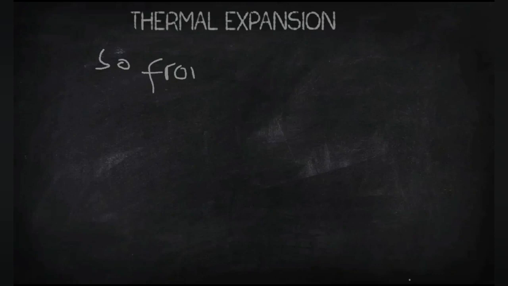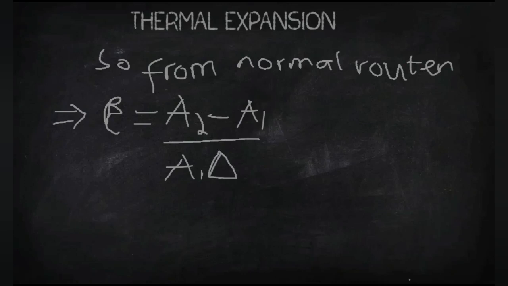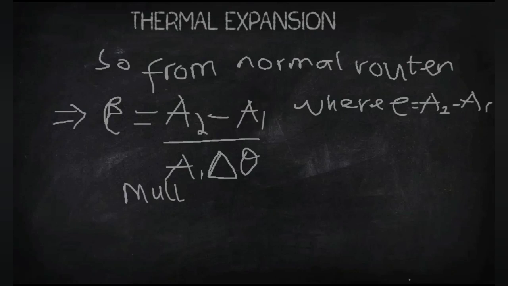So from our normal routine, you know that beta is equal to A2 minus A1 all over A1 delta theta, as you do for the earlier ones.